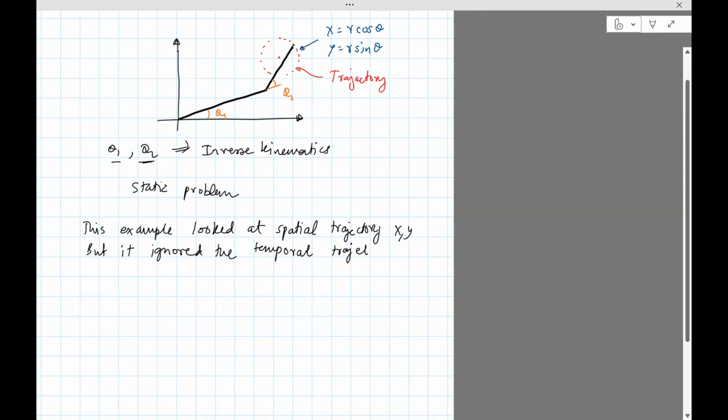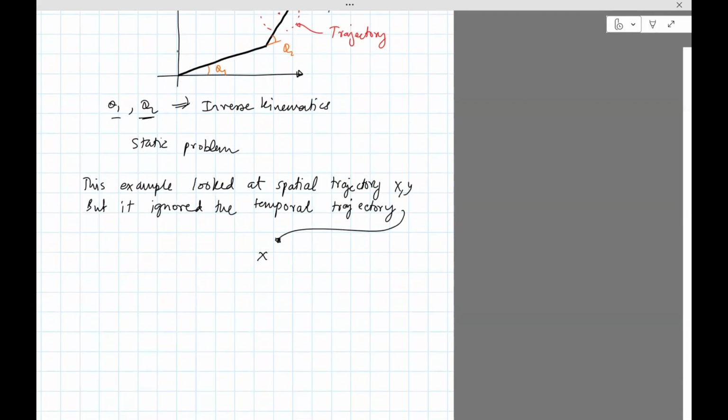And if you want to represent the temporal trajectory, this would be x as a function of time, y as a function of time.